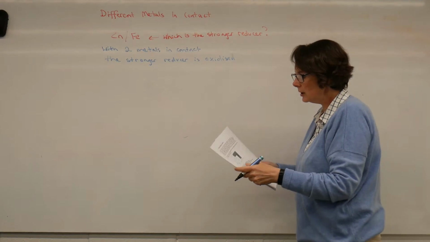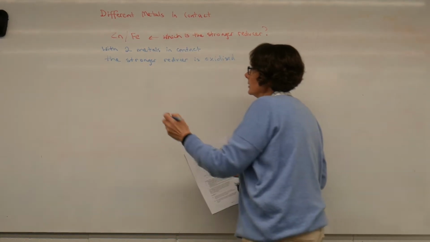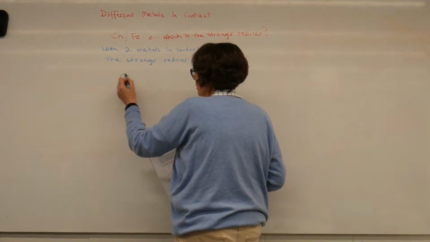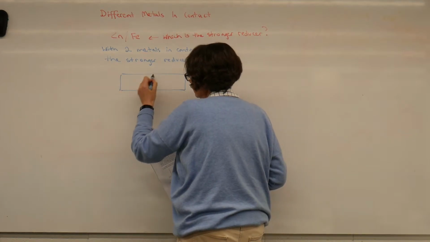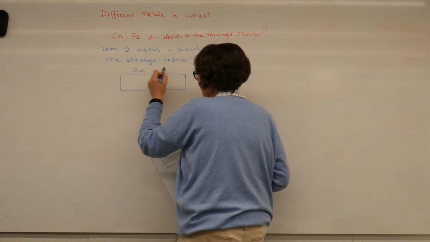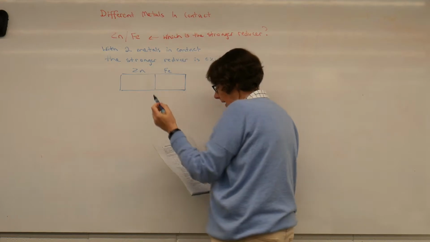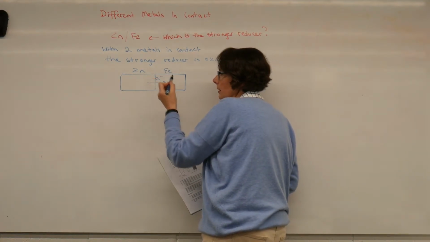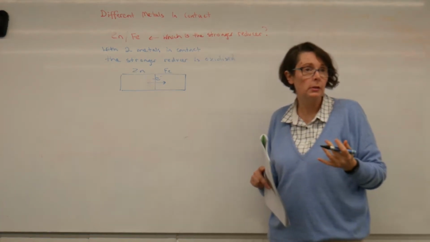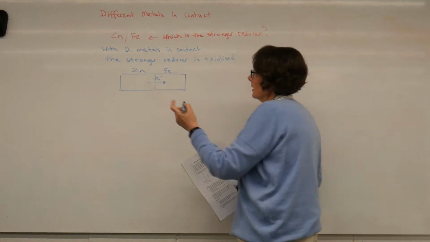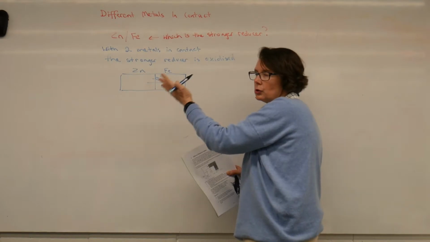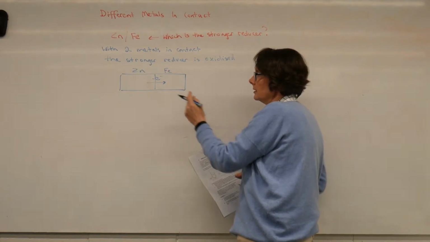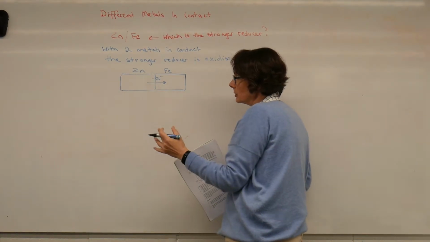What we can see from our diagrams is that with the two metals in contact, we have the opportunity for electrons to flow through the metals. Because zinc is the stronger reducer than iron, this is the one that's oxidized.